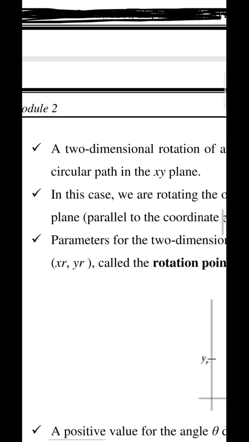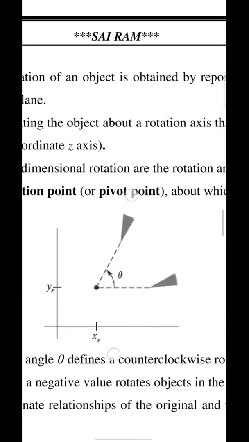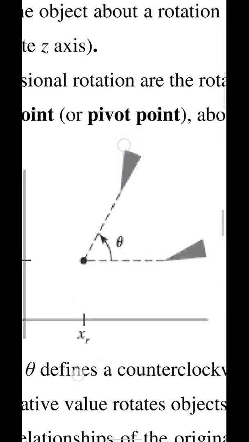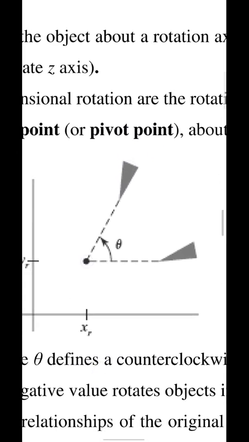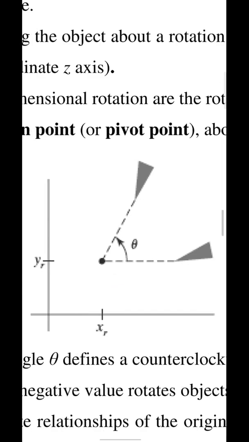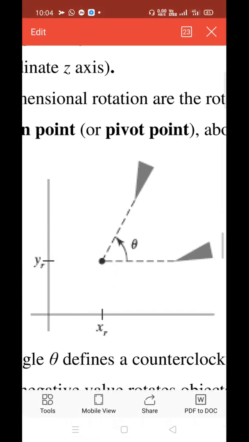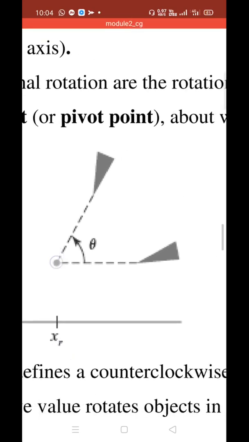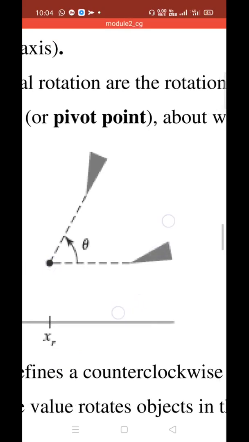Please try to understand these points. Go through the diagram, you will come to know, okay? Here is a pivot point, which is mentioned at location xr. This is xr displacement, this is yr displacement. So a pivot point mentioned at location xr comma yr, okay? Let the original object be this triangle.